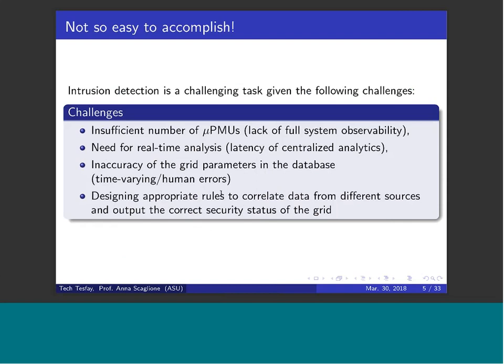And the other challenge is we cannot collect all input data from all points in the grid and then process it at the central location, because that introduces latency and the malicious activity detection, we want it to happen in near real time. And also there is inaccuracy about the grid parameters due to the time varying nature of the grid, as well as the human errors that are introduced when we put the status of the different components in the grid.